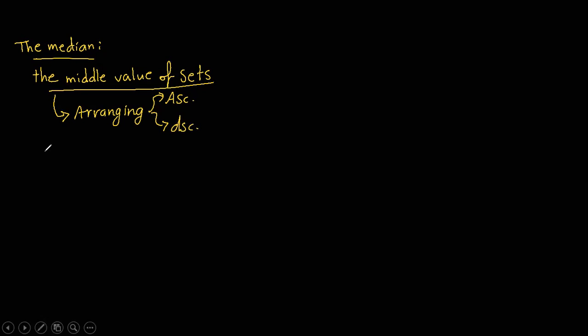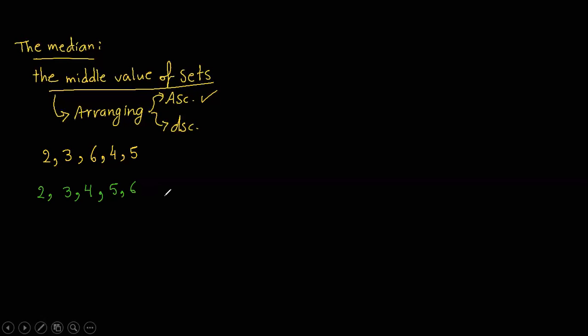If we want to arrange, it is better to take ascending, like this example, 2, 3, 6, 4, and 5. We will arrange this value first, so it will be 2, 3, 4, 5, and 6. We have 5 numbers.